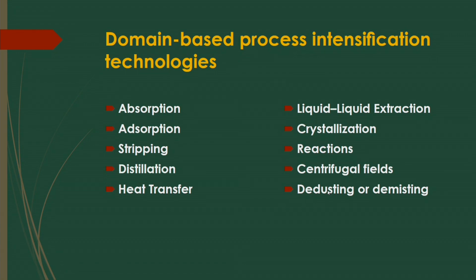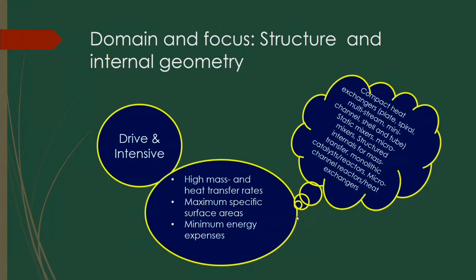So these are the techniques based on which you can intensify the process. And for that some focus has to be considered on the structure and the internal geometry, to get high mass and heat transfer rates, maximum specific surface area and minimum energy expenses.